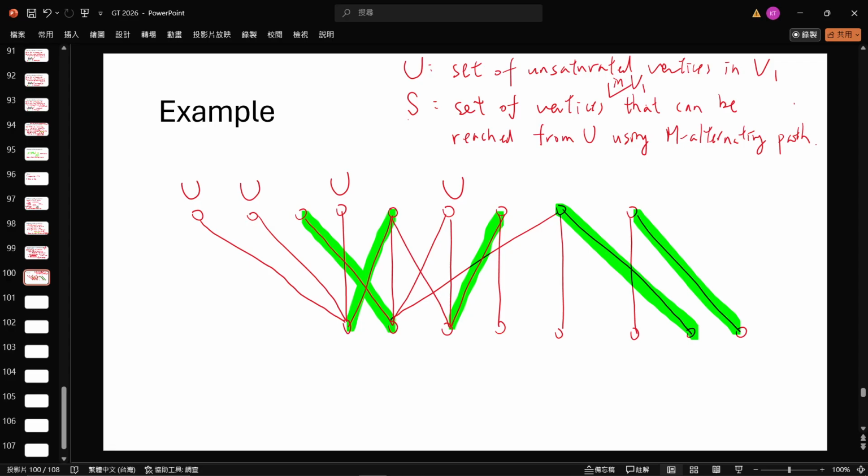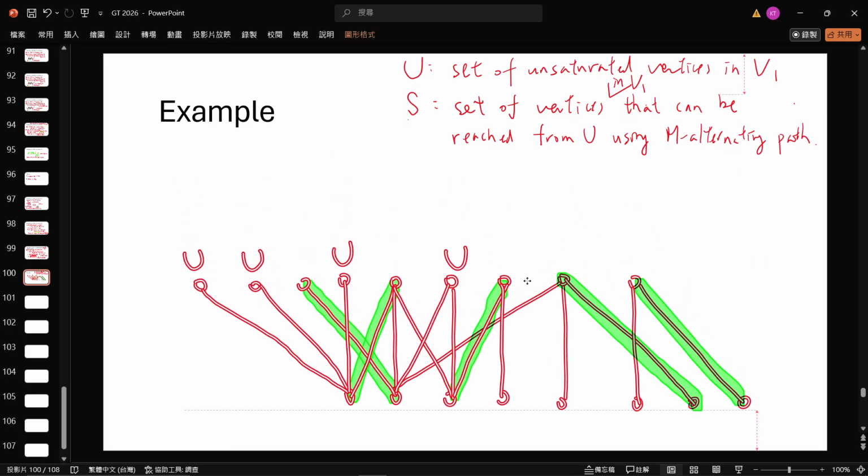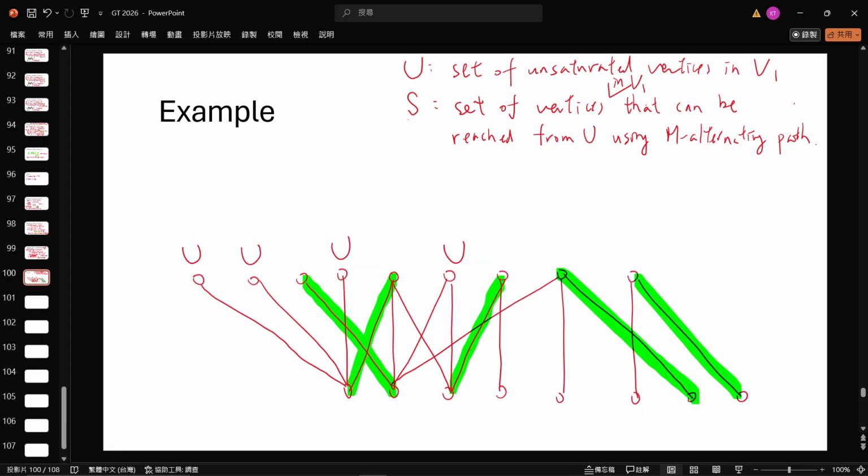So which vertices are in S? Initially, all the vertices in U are in S because definitely I can reach these 4 vertices from U, and I don't have to use any edges, okay?